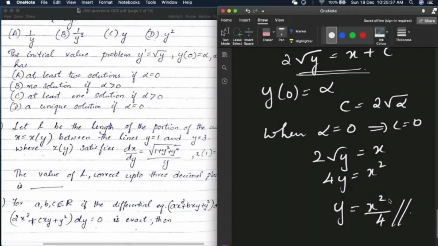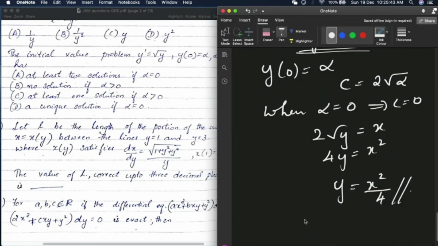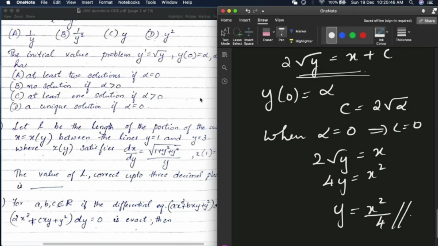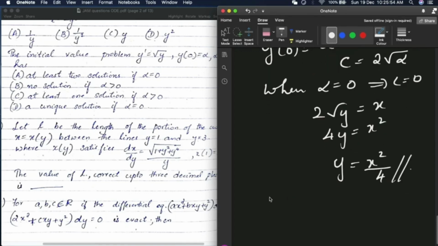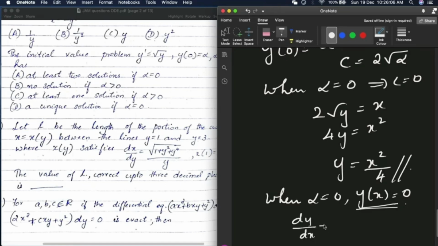You get two solutions actually when alpha is equal to 0. See, when alpha is equal to 0, y equal to 0 is also a solution, no? Because if you're taking alpha is equal to 0, so y of 0 is 0. That is the given condition. So I think A and C is the solution, right?